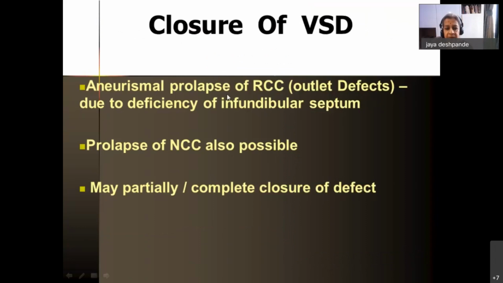The other way of closing the defect is by aneurysmal prolapse of the right coronary cusp, particularly seen in outlet type of defects. Prolapse of the non-coronary cusp is also possible, and these prolapses may partially or completely close the defect.